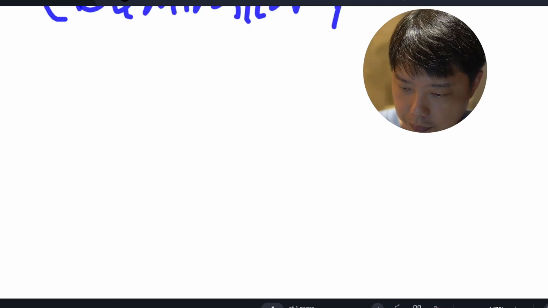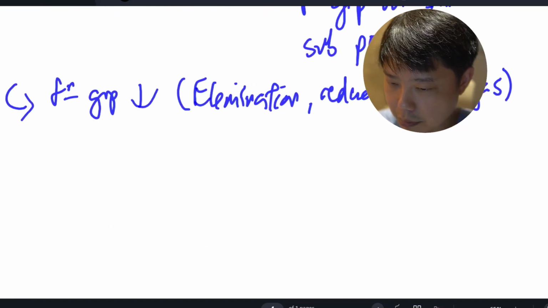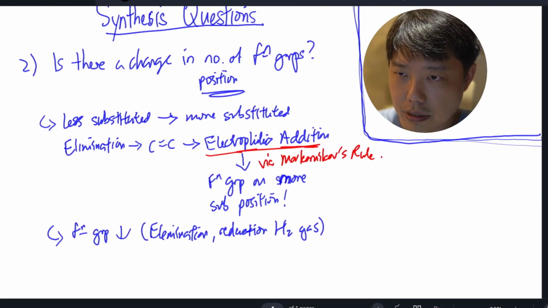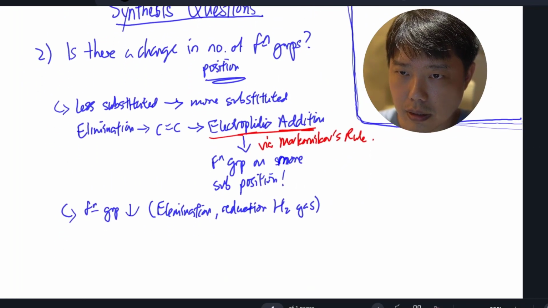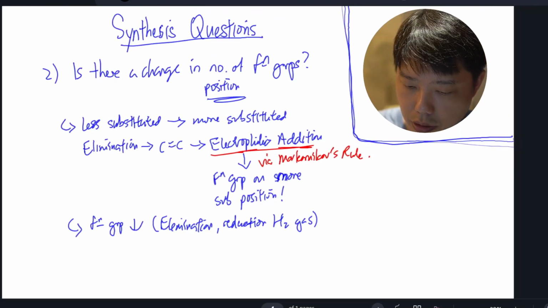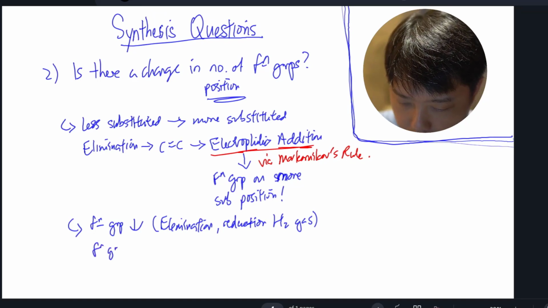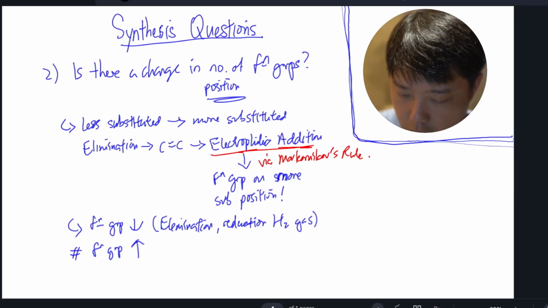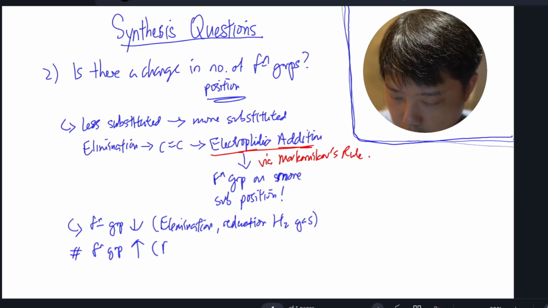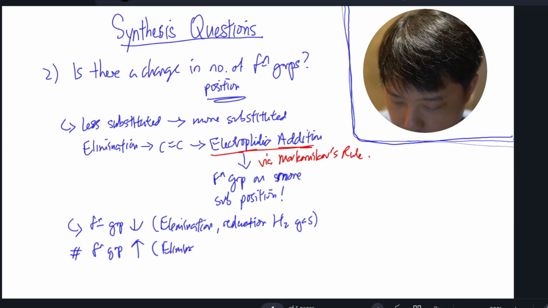Okay, let's talk about if the functional group were to increase, the number of functional group were to increase. What can we do? We can actually do elimination again to get your alkenes.